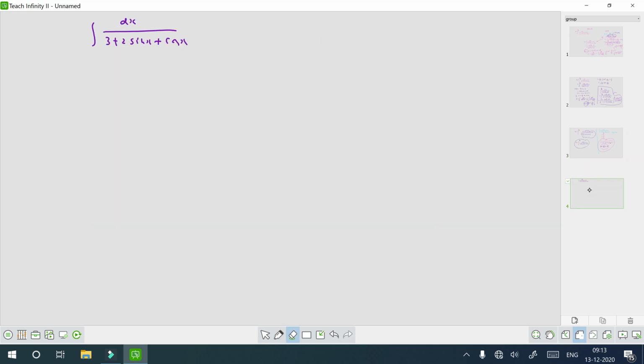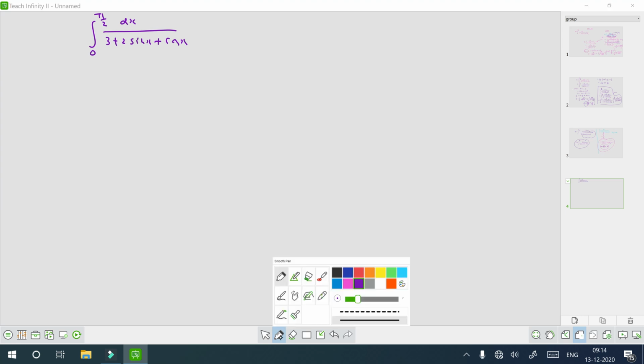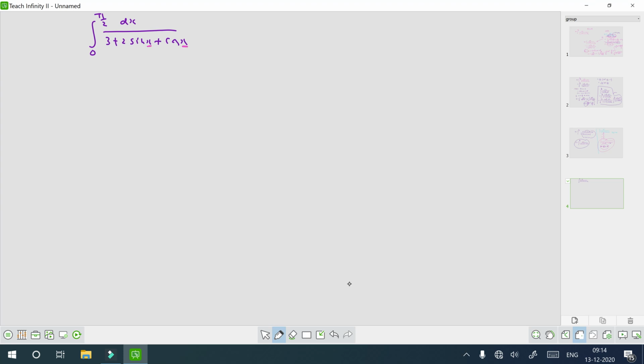Let us see that thing together, no problem. 0 to pi by 2. See, what is the angle given here? x. So what we have to suppose? Tan x by 2 is equal to t.